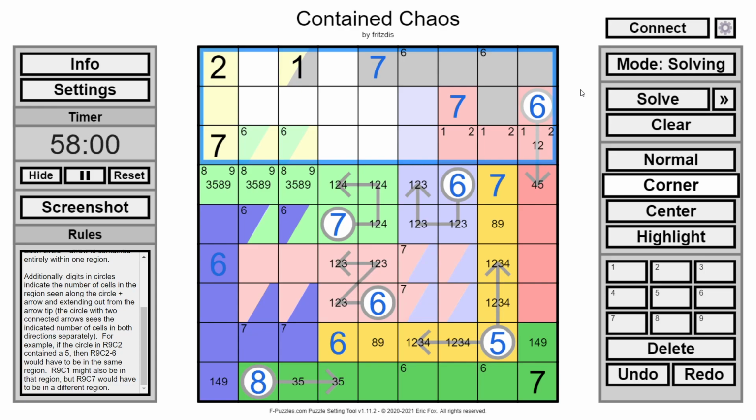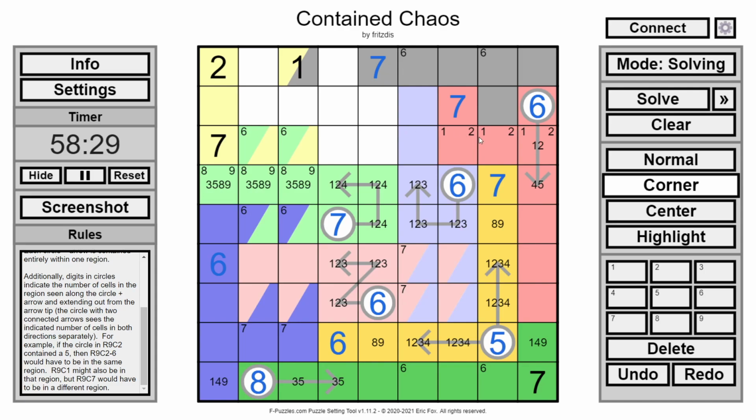We can't have less, obviously, because we have 3 rows. So we have 2 2s and 2 1s in gray and light yellow, which means we need 1 more 1 and 1 more 2. But what other regions are up here that can take a 1 or a 2? It's only dark pink. So 1 and 2 are going to be up here, for whatever that's worth.